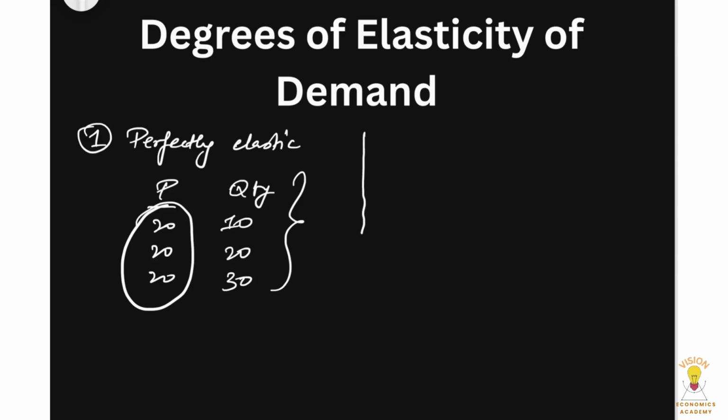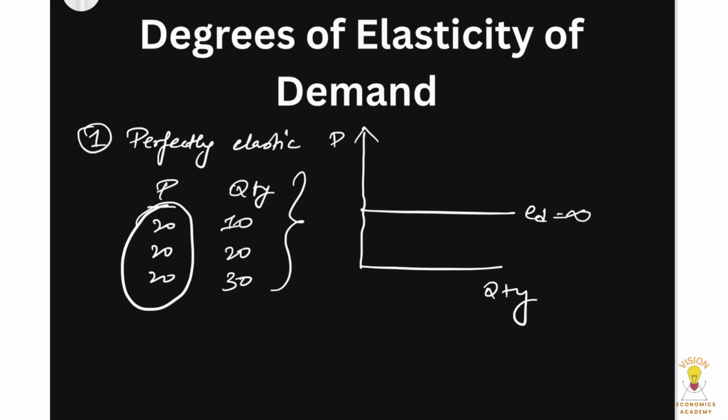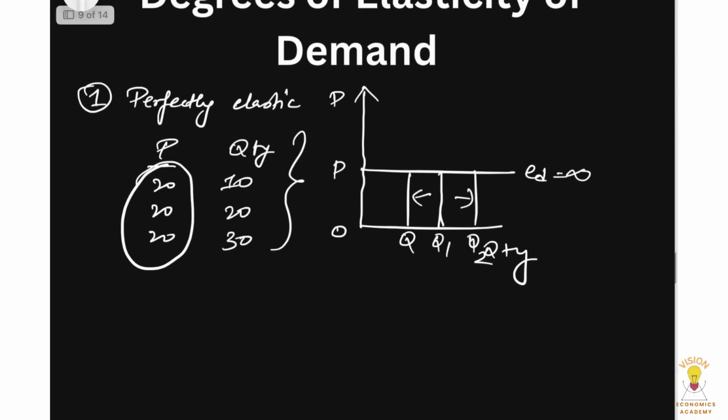The diagram would be somewhat like this. Elasticity of demand is equal to infinity. This is the price, this is the quantity, OP is the price, and at the price OP, any quantity Q, Q1, Q2, any quantity might be demanded, right?